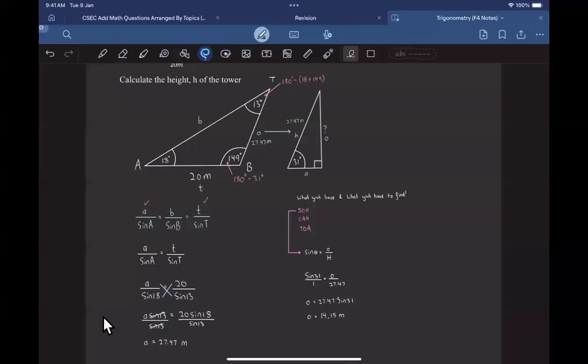Because again, 14.148. If I round it to two decimal places, the number after 4 is 8, so it's 14.15. Yeah, I had the same thing. I don't know why I just put exact 14. You round it off to two decimal places there.